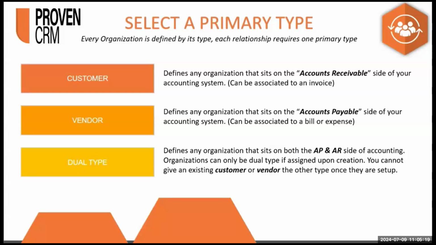The vendor primary type would be added to organizations in Proven Jobs or in the CRM if that record will be providing a service to you, such as a subtrade. Records with the type vendor will sync to the accounts payable side of your accounting platform.